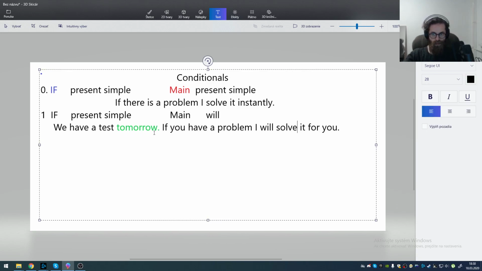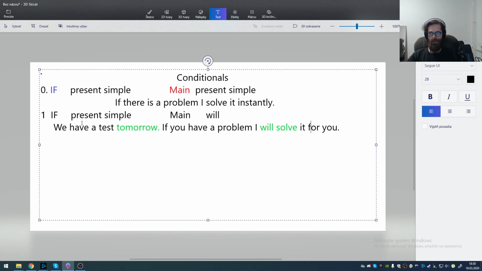We have a test tomorrow. If you have a problem, I will solve it. So check this out, will solve is referring to the future. So that's why we can say that the first conditional is only aimed at the future time.